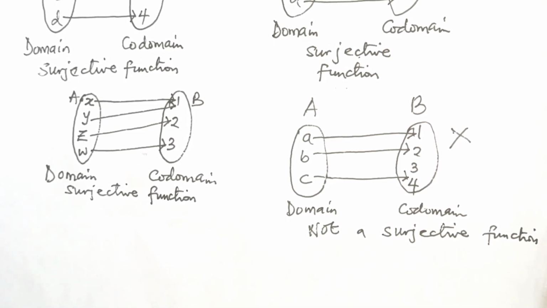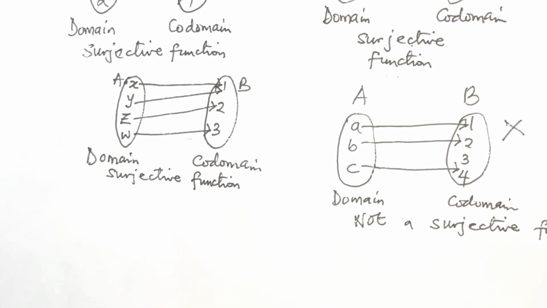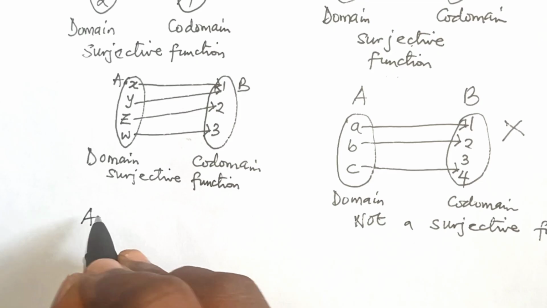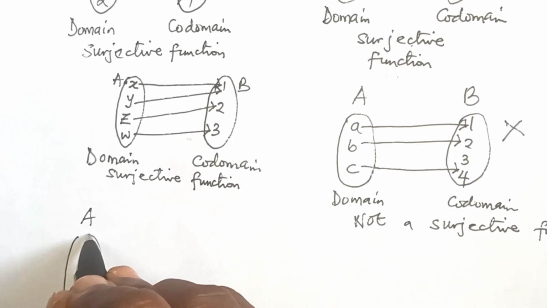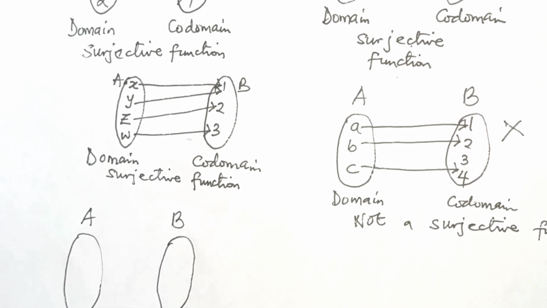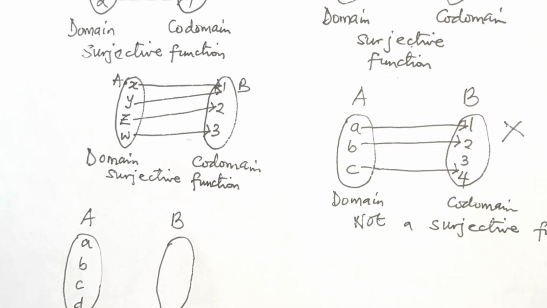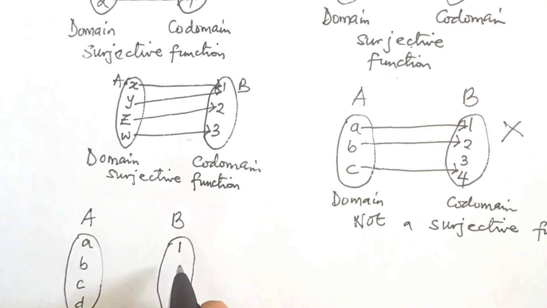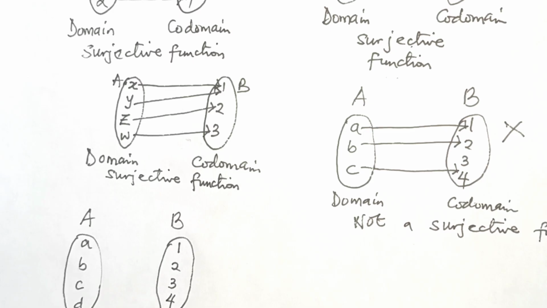Okay, still on examples, let's look at another one. Set A and set B. The elements of set A are A, B, C, and D, while elements of set B are 1, 2, 3, 4.